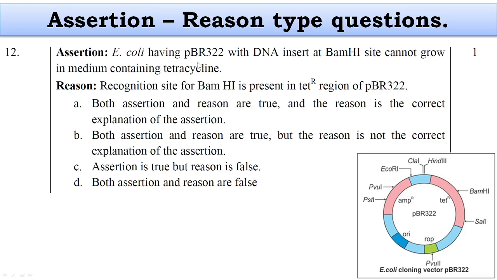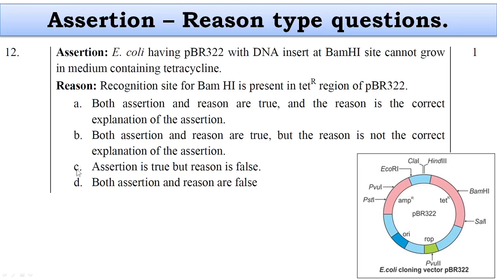So you have to check whether it is true or not. Option B says both assertion and reason are true, but the reason is not the correct explanation of the assertion. So you have to check whether the reason given supports the assertion or not.